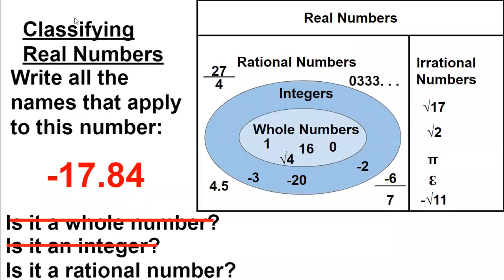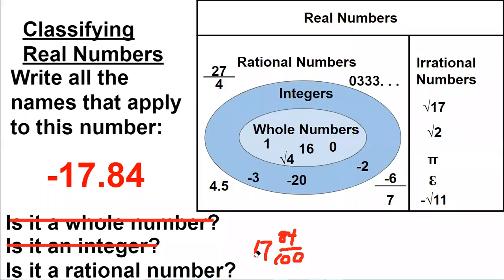Is it a rational number? Could you write 17.84 as a fraction? I would have to say, yes, you could. 17 and 84 over 100, and then you would multiply 17 times 100, and you would get a number that was a fraction.